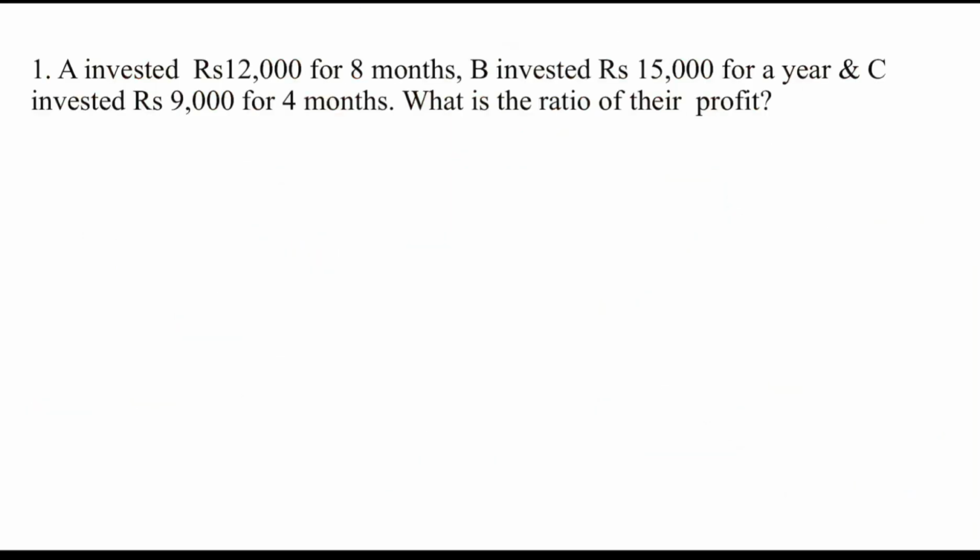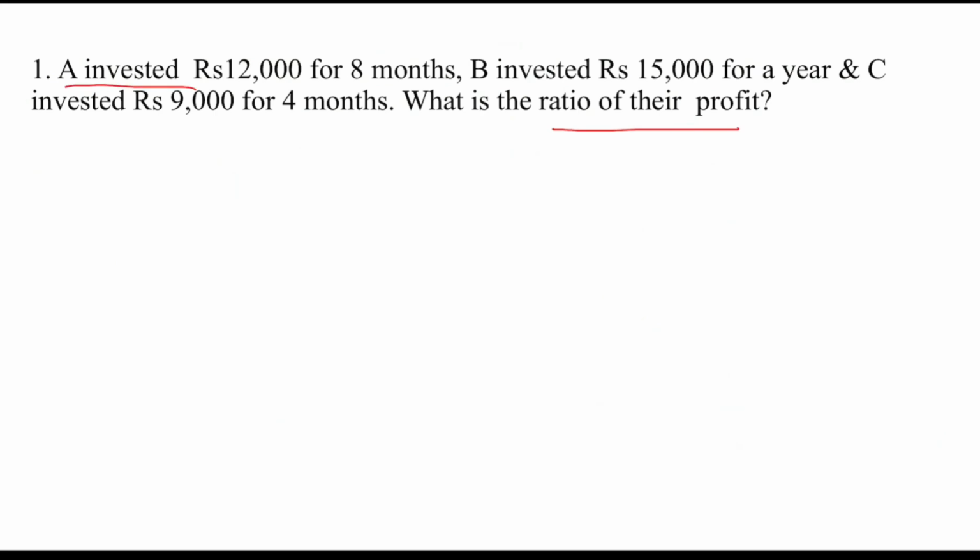A invested rupees 12,000 for 8 months. B invested rupees 15,000 for a year, and C invested 9,000 for 4 months. What is the ratio of their profit?